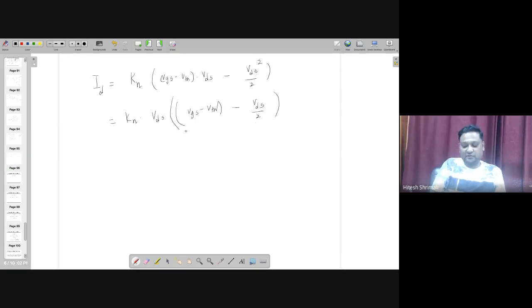Notably, when the transistor is in saturation, we add one extra word, VDS sat, which indicates that it's in saturation mode of operation. As we know, there are various modes of operation. One of them is cutoff, another is linear or triode, and another is saturation mode of operation.